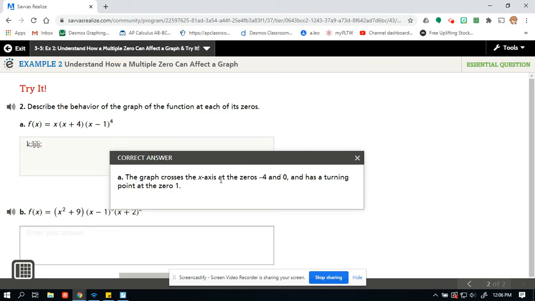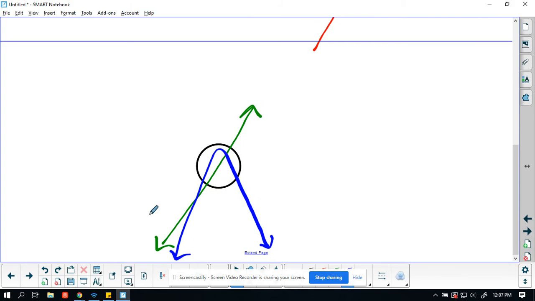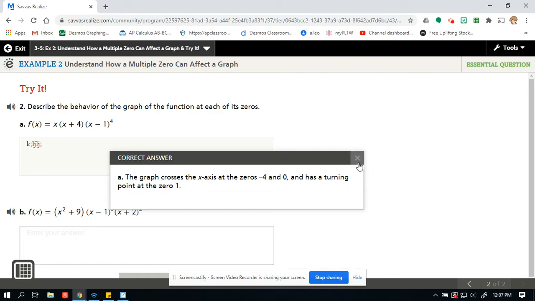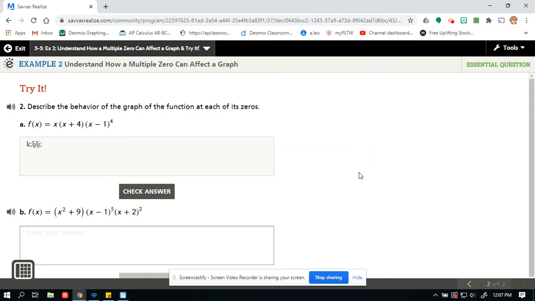You guys can see what the book says and then do part B. The graph crosses the x-axis at the zeros, negative 4 and 0, and has a turning point at 1. We're going to call that a turning point. It comes, bounces off, and turns around, going the same direction that it just came from.